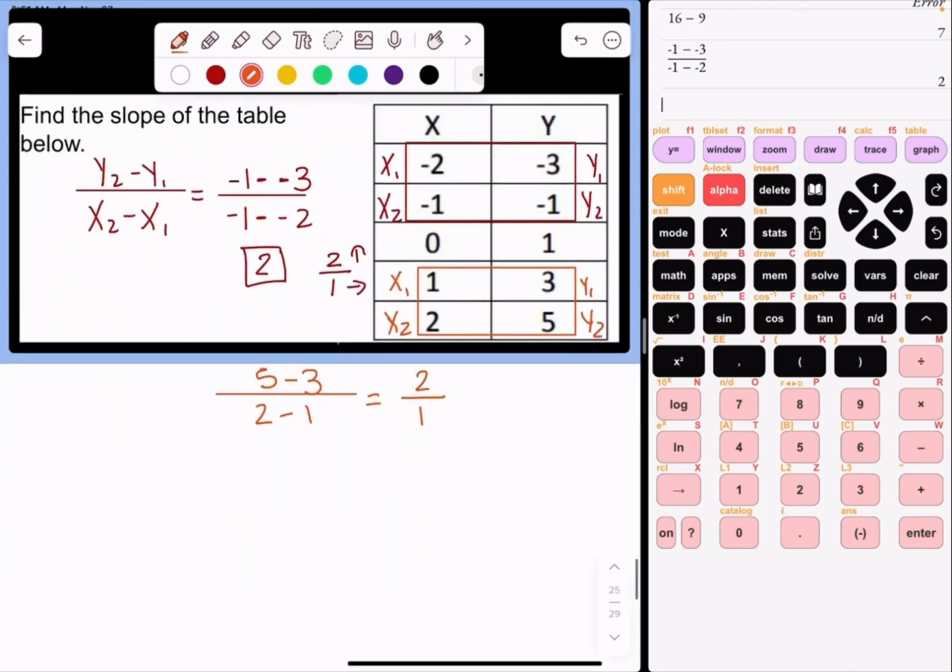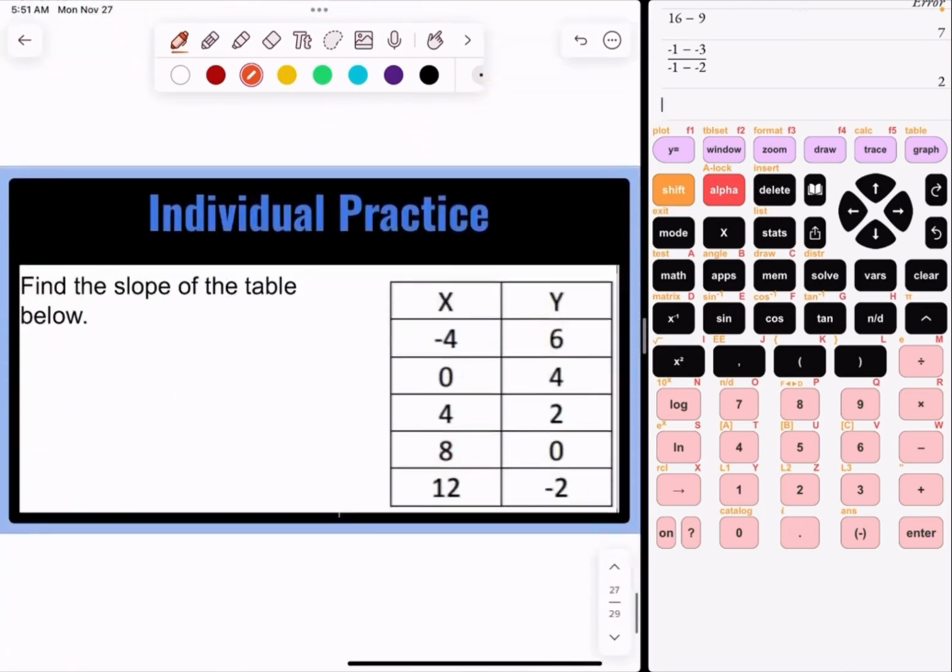Now you try these two. Let's say I want to use 2 positive numbers. Let's say I use these. I would label them x1, x2, and then y1, y2.